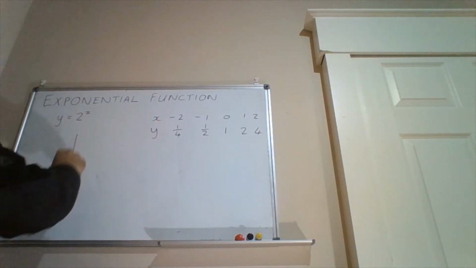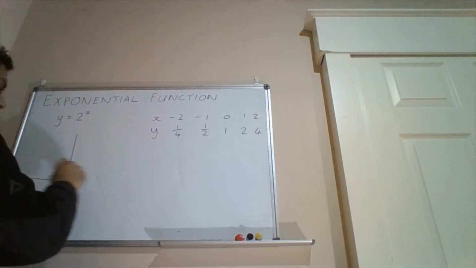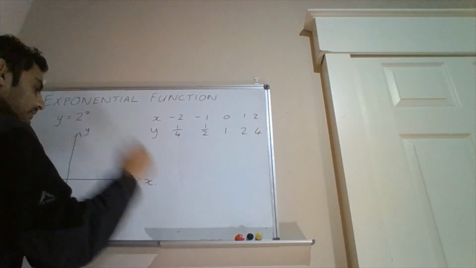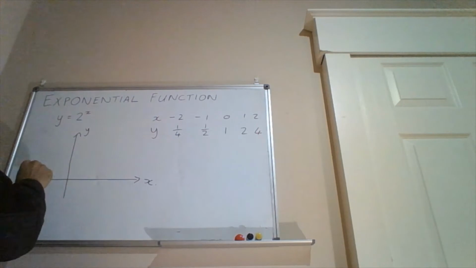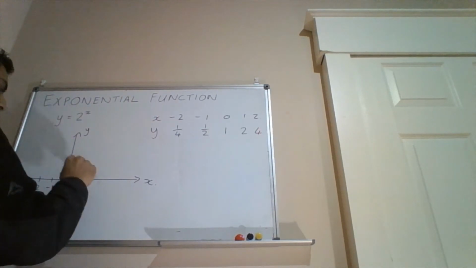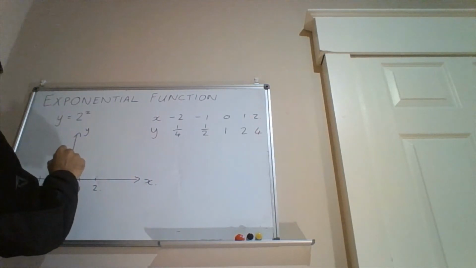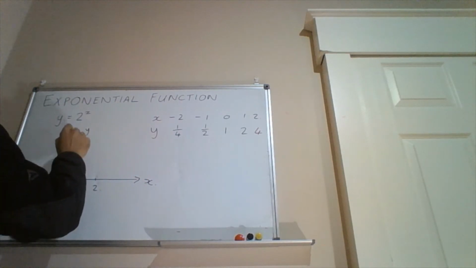So let's plot this quickly. Specify our axes. And our x values -2, -1, 0, 1, 2. Our y values are 1, 2, 3, 4.